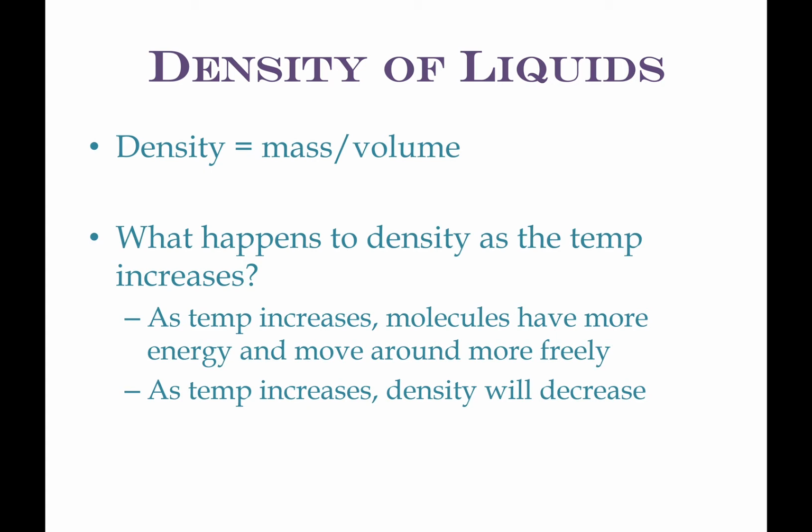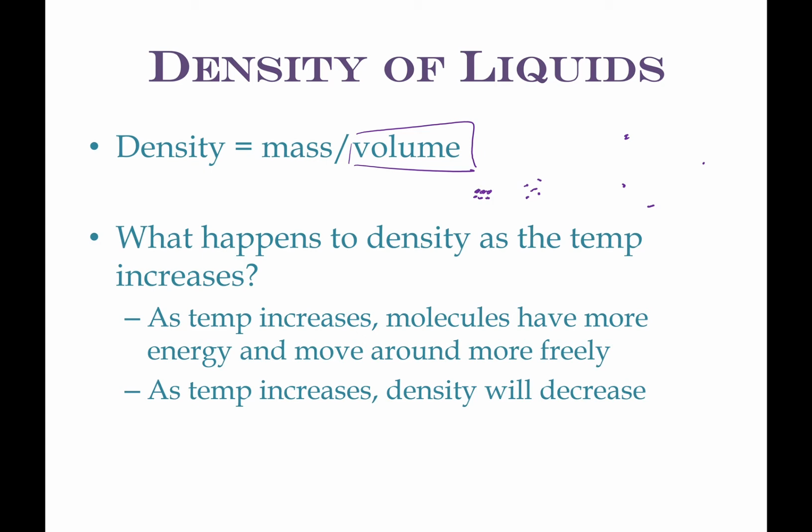So what does happen to the volume of these particles as we increase the temperature? Well, we know that solids are very, very close together, right? The particles are very close together. Liquids are spread out a little bit more, and gases are completely random with lots of space. So what happens to the volume of a liquid as it increases in temperature?